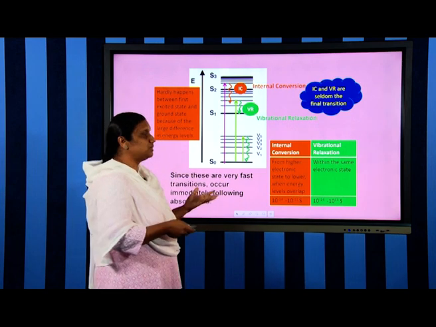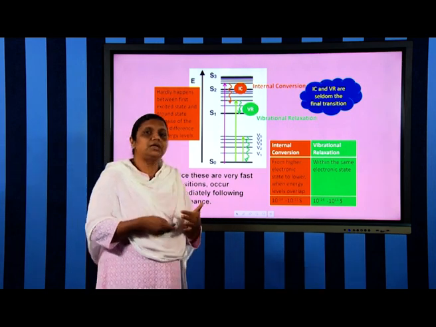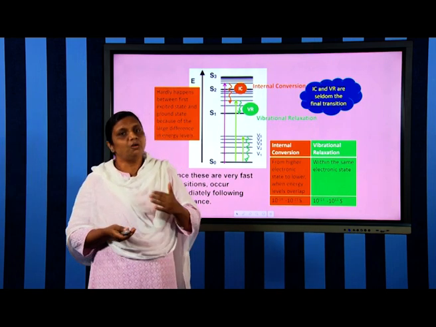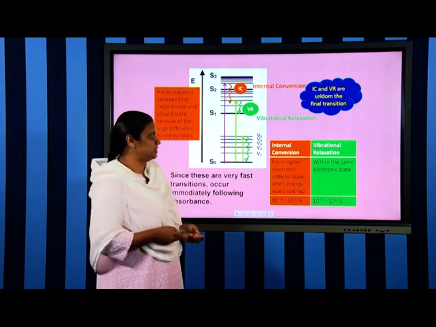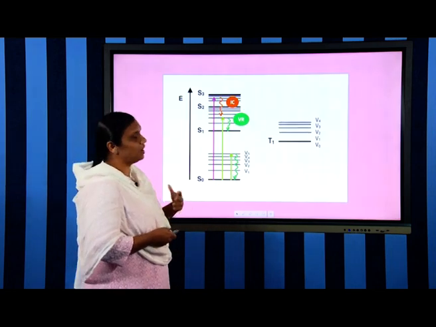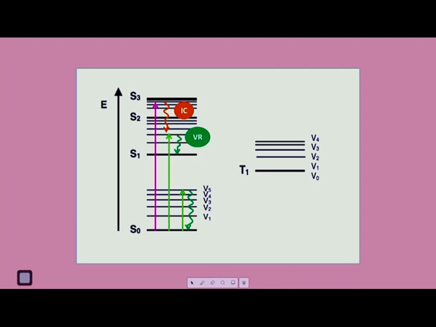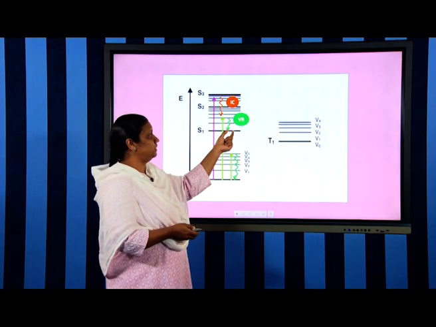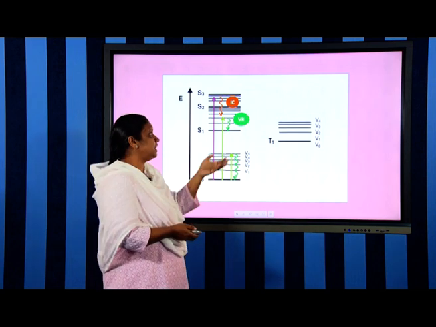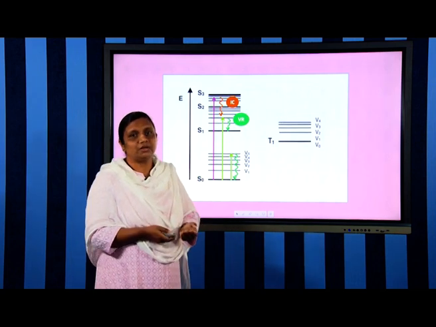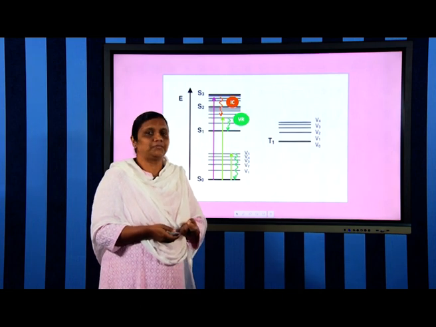And if it is vibrational relaxation, again from there it can undergo radiative transition or intersystem crossing, that is another non-radiative transition. Now, we will see how intersystem crossing is happening. So, we have all these processes, the internal conversion and the vibrational relaxation. Our electron which has been excited and relaxed has reached the lowest vibrational level of the first excited state.